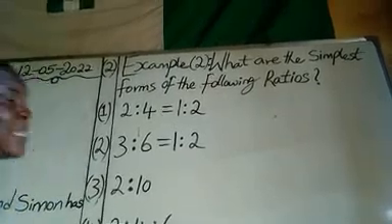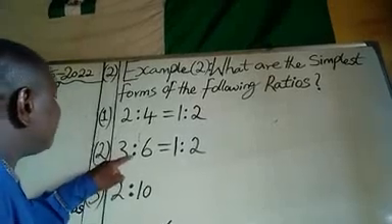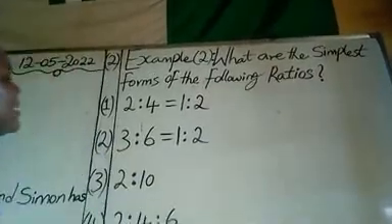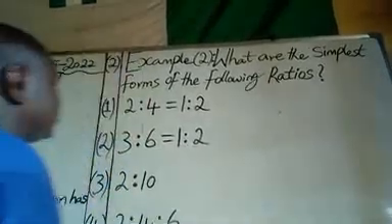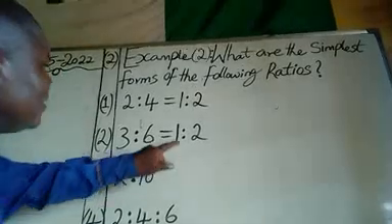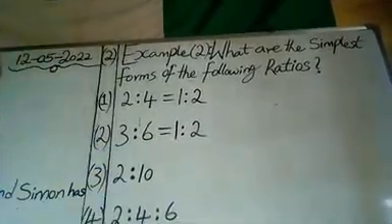Now, the simplest form of 3:6 is 1:2. This is the answer.